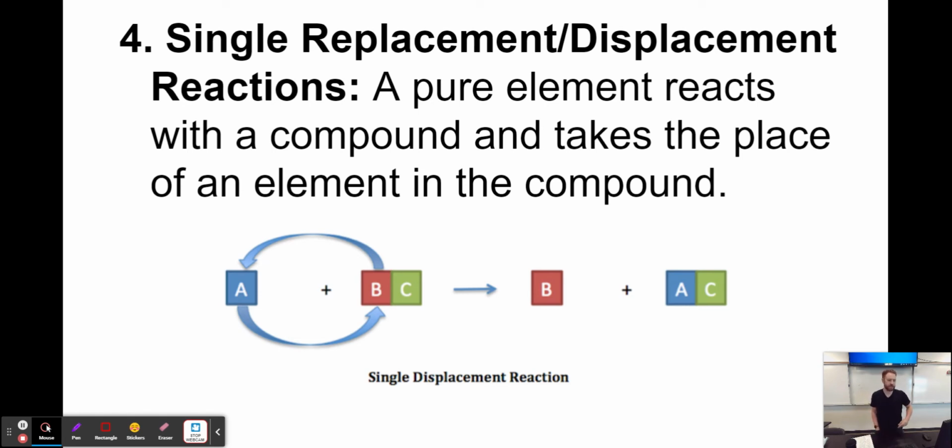So for example, let's say that element B and C are bonded together. Element A comes in and basically takes B's place. So now you have compound AC and element B is off on its own.